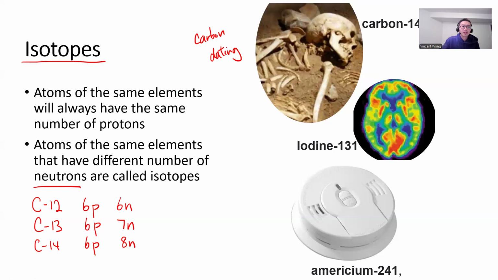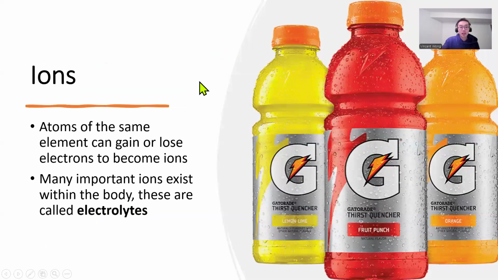Okay. So atoms are the smallest unit of an element, and we know atoms are made up of, again, protons, neutrons, and electrons. Protons do not change, neutrons can change, and that creates isotopes. The number of electrons can also change.